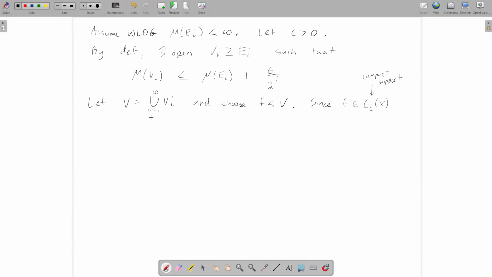So that means the support of F is actually contained in finitely many of these V's, which means that if I take the union out far enough, it will have to contain the support of F. I don't need all of those V's necessarily, but just notationally it's friendly to do that. So since we have that, we have F less than the union i equals 1 to n of V_i for some n. Okay, so that just comes from the compact support.